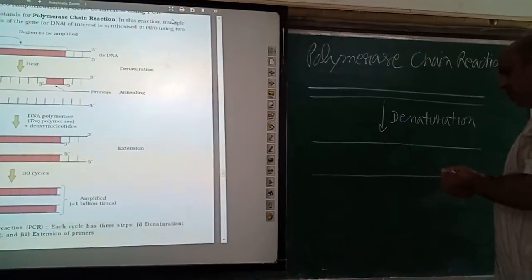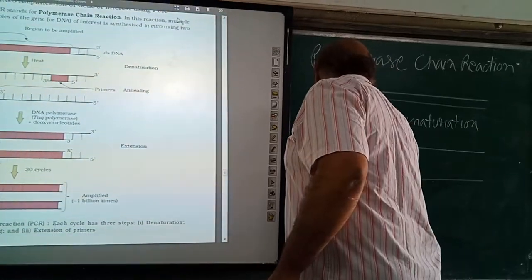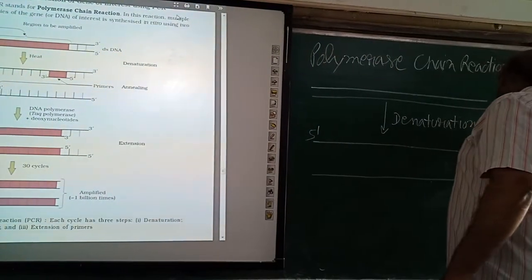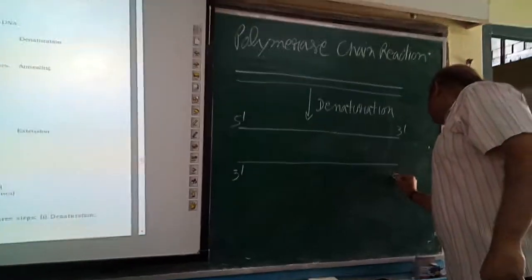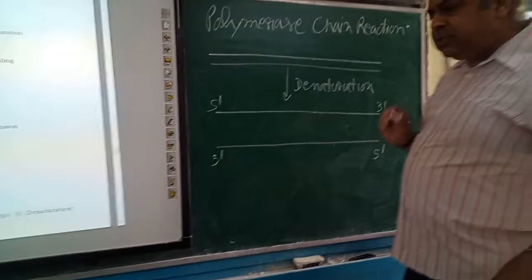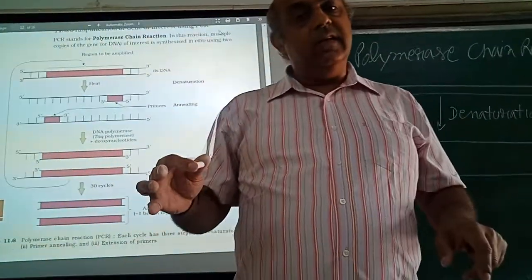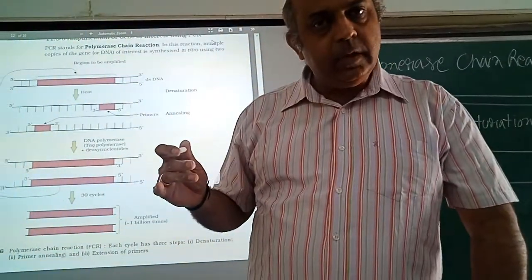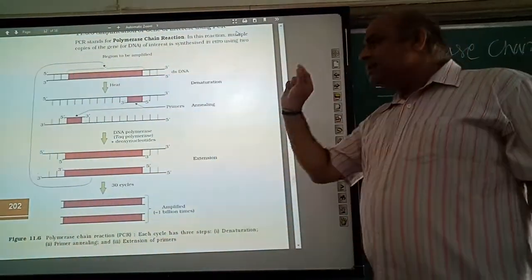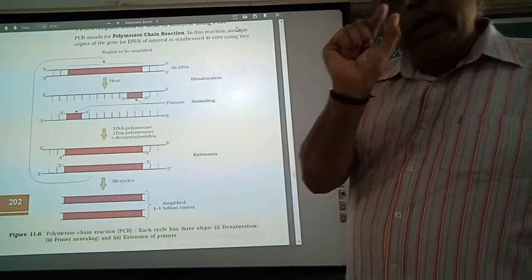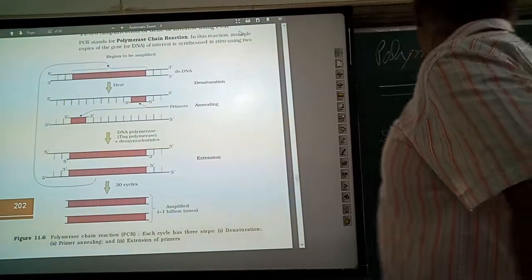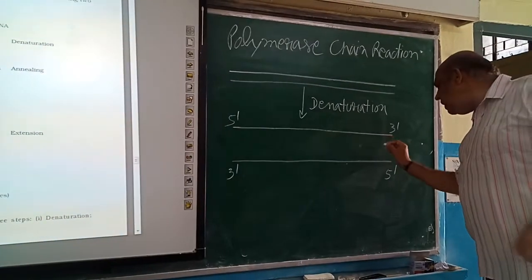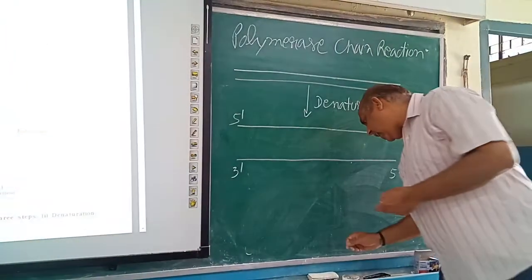After denaturation, the next step is annealing. During annealing, let us first complete its ends: 5' end, 3' end, 3' end, 5' end. As we already know, the direction of DNA synthesis is 5' to 3'. We have to add small oligonucleotide segments which are called primers so that they get attached at the 3' end of the strands like this.